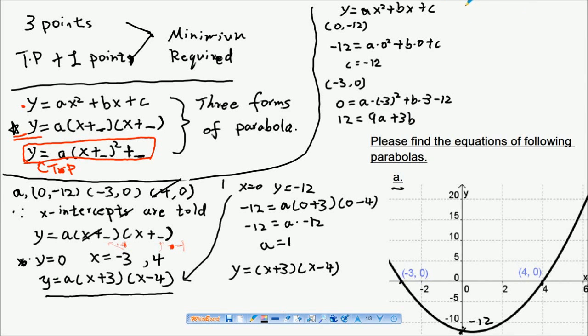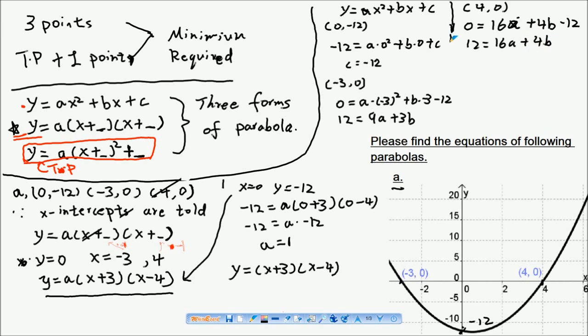Then we substitute the point (4, 0). When x is 4, we have 16a, because 4 times 4 is 16, plus 4b minus 12, so 12 equals 16a plus 4b.